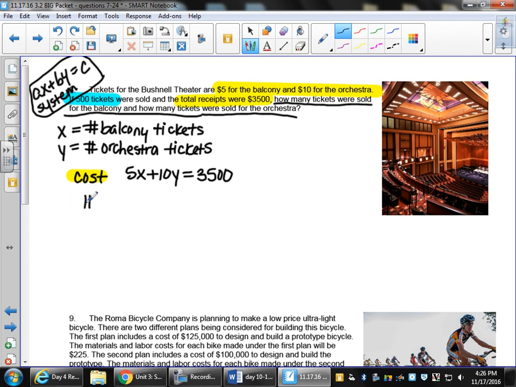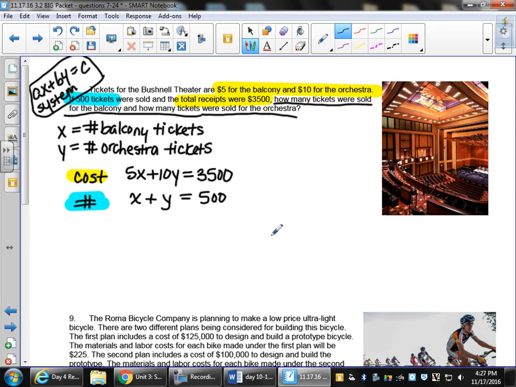So we have an equation that's about the number sold. The number of balcony tickets represented by X, because that's how X is defined, X plus the number of orchestra tickets, Y, equals 500 tickets. Number plus number equals total number. We now have our system.